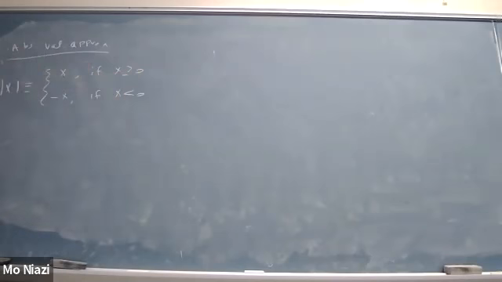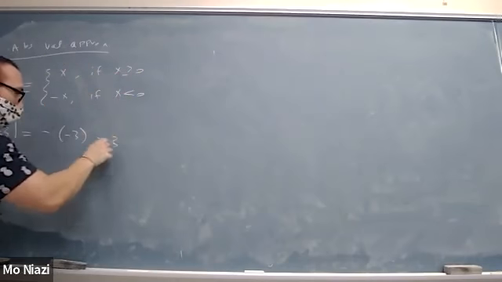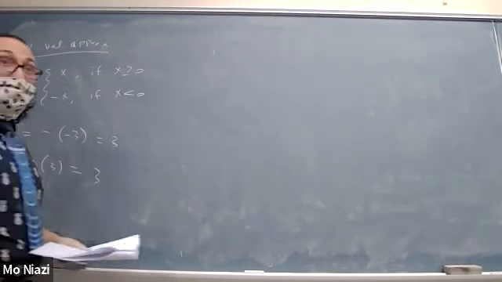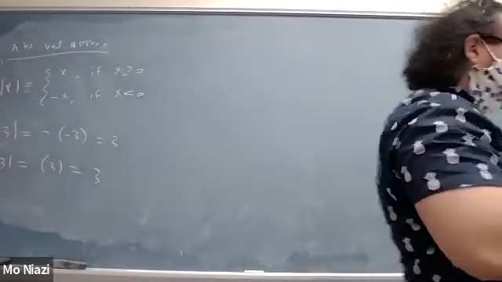This definition is why the absolute value of -3 is +3, because x is less than 0, so we put a negative on it. That's why the negatives cancel to give us +3. And clearly, the absolute value of +3 would just be 3. That negative is what makes them positive definite.